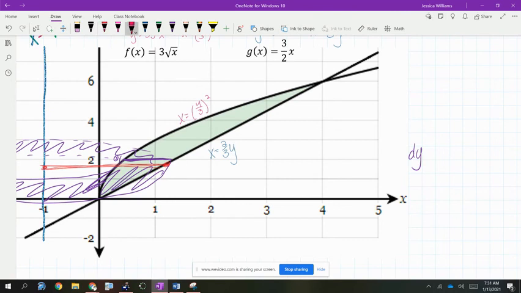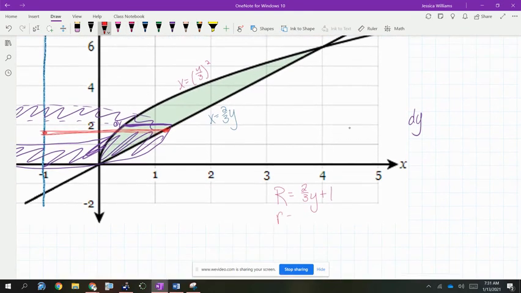So that outside radius that I'm going to call big R is right minus left is 2/3 y minus -1, so +1. Little radius, same thing. If I start at my axis of rotation and stop at the inside curve, then I have right minus left is y over 3 squared minus negative, so +1.